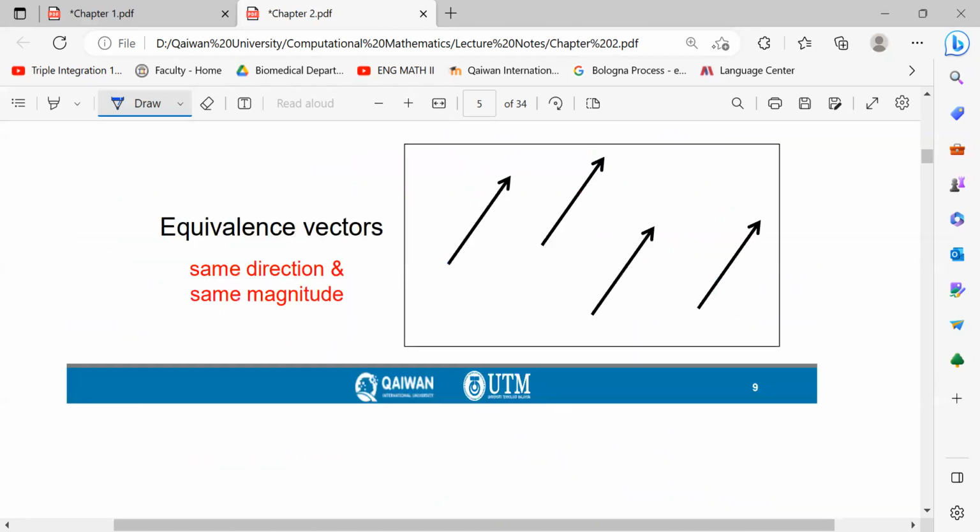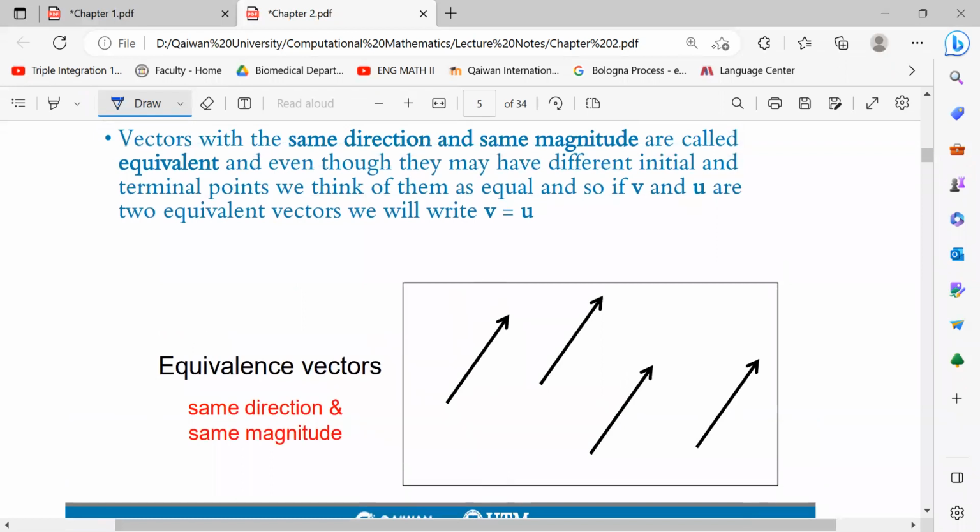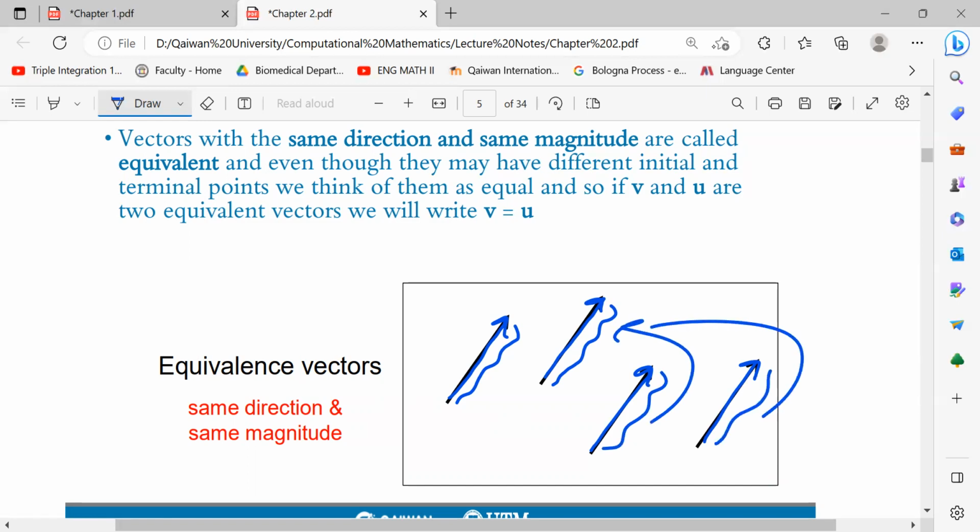But if two or more vectors have the same direction and the same magnitude, as you see, this length is equal to this length, and both have the same direction, we say those two vectors are equal. And even this one and this one, this length is the same as those, and this also.